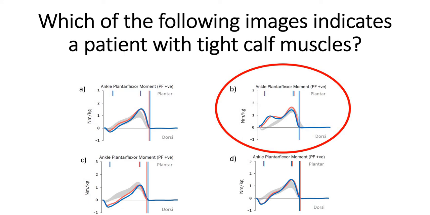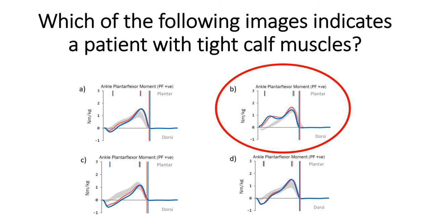C and D, and A to an extent, are below the norm for part of the gait cycle. C particularly is below what we would expect. So this is someone with perhaps excessive range of motion around the ankle. B and D have a slight increase at the end, but there is nothing overly abnormal that would suggest a restriction in the calf musculature, the plantar flexors.